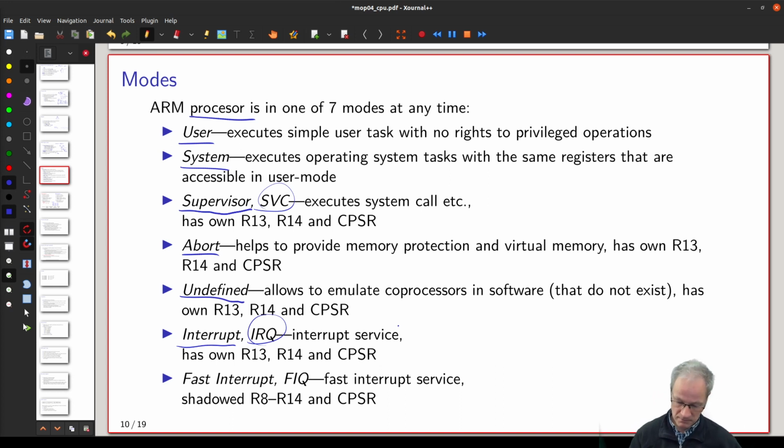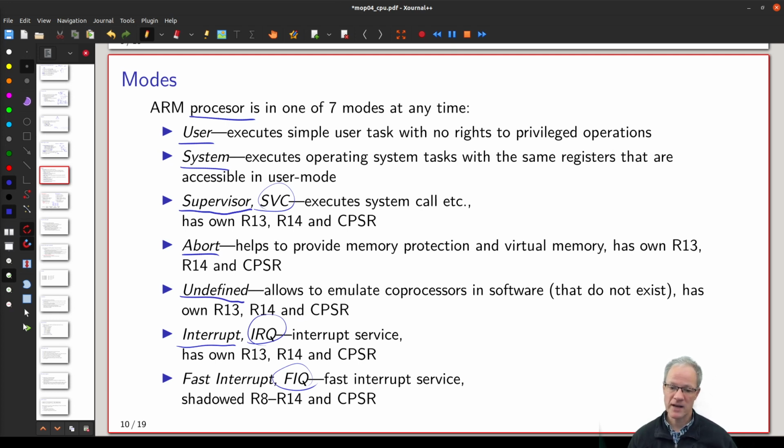So it needs to be fast. That's why it has the specific mode with its own R13 and R14 and the status register. Then there is an even faster interrupt service that will also have R8 through R14 registers shadowed, so that it doesn't have to save them if it needs more than just one register.